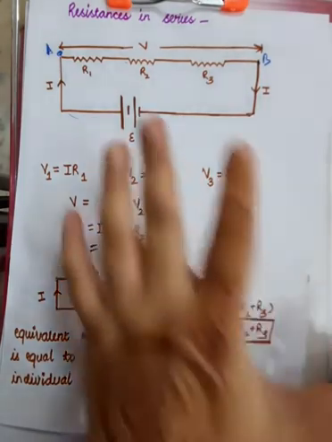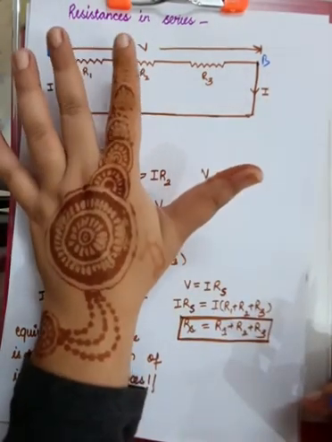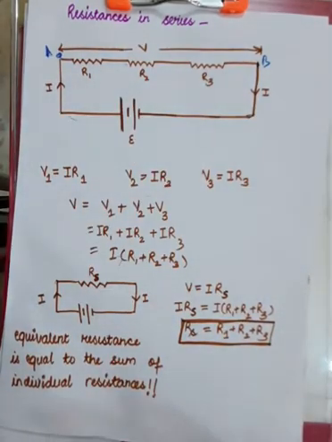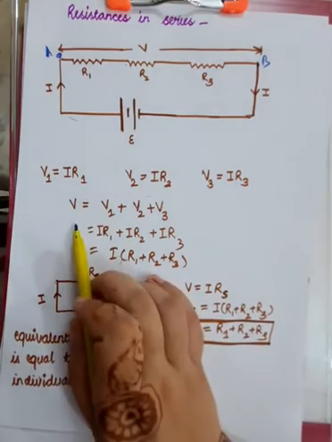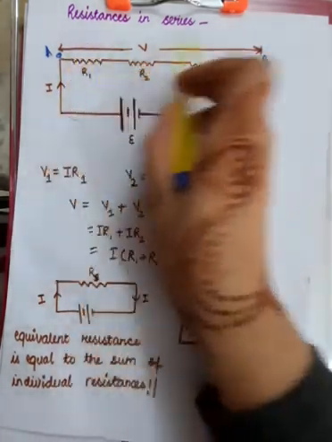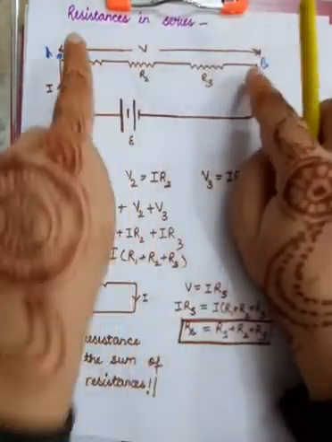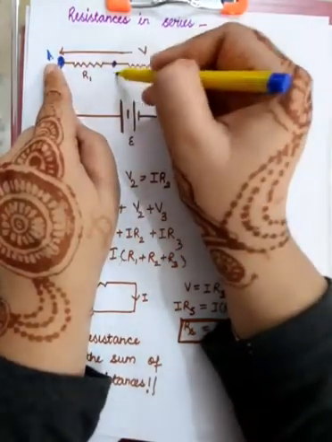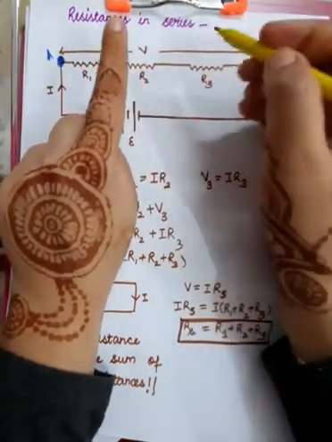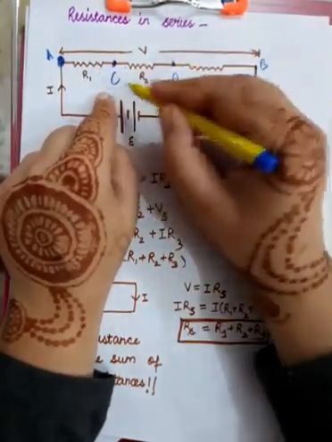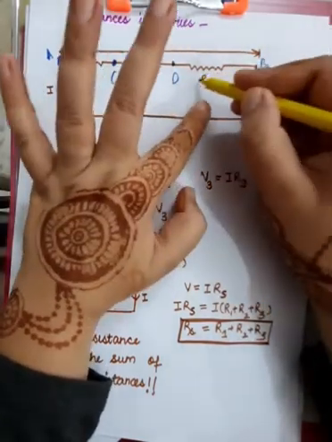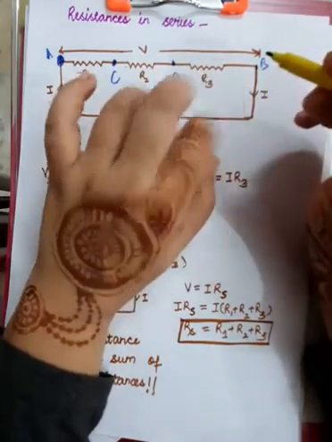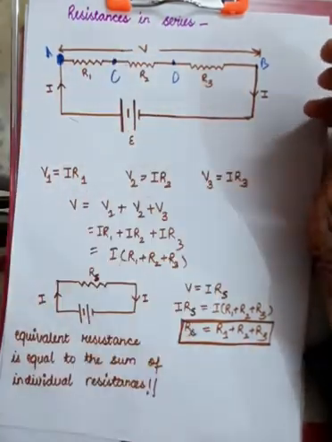So these potential drops across these three resistors will sum up to give the total potential difference. Like, total potential difference is V, this much between A and B. So this will be equal to the sum of the potential difference between A and C, the potential difference between C and D, and the potential difference between D and B. Because resistances are different, the potential drop will be different for all three resistors.